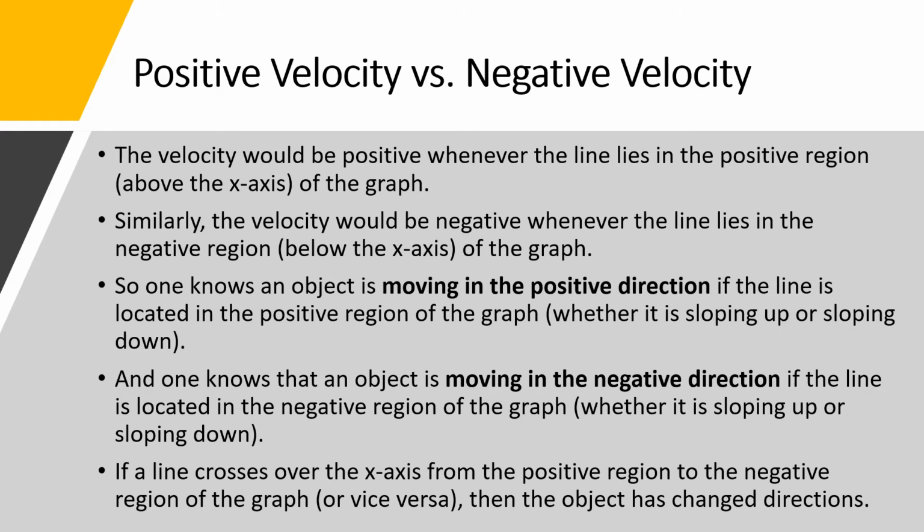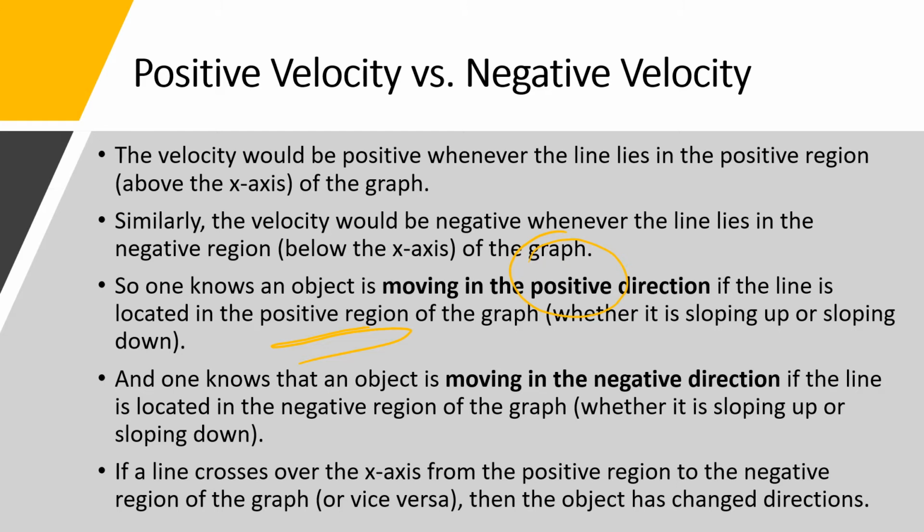The velocity would be positive whenever the line is in the positive region, like we said. If it's below, in the negative region, then it has a negative velocity. So you know an object is moving in the positive direction if the line is in the positive region. It can be sloping up or sloping down, it's still going in the same direction.